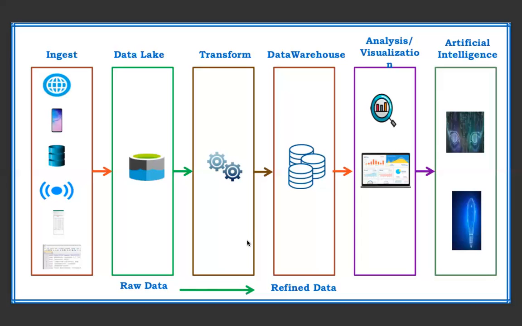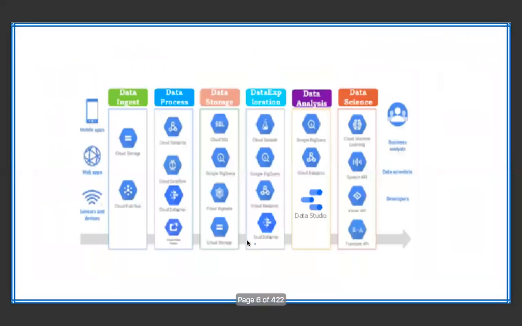Now let us see what are the different services on Google Cloud that you can use at different stages in this data pipeline. You can see here, the very first stage is data ingestion. Normally either you have your batch data you want to bring onto Google Cloud, or you have your streaming data and you want to build your real-time data pipelines.